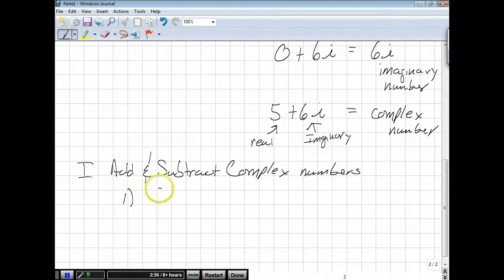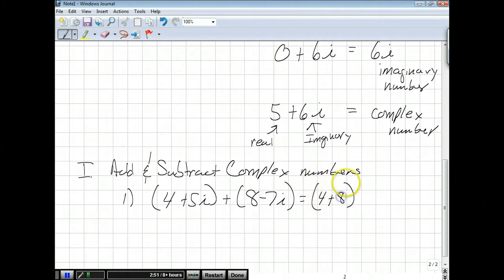So for example, if I have the complex number 4 plus 5i plus 8 minus 7i, I take the real parts, which are 4 plus 8, plus the imaginary parts, which are 5i minus 7i, and I just combine them.